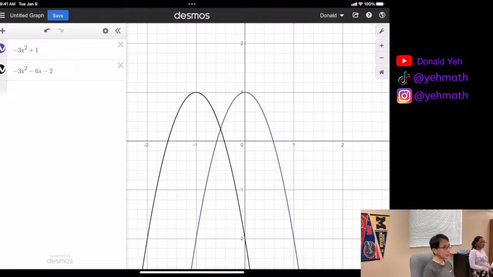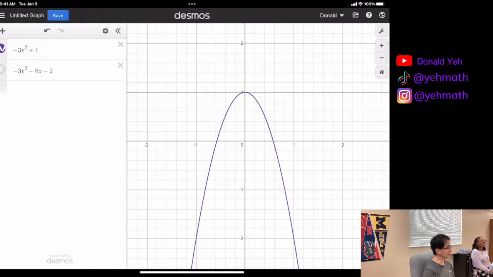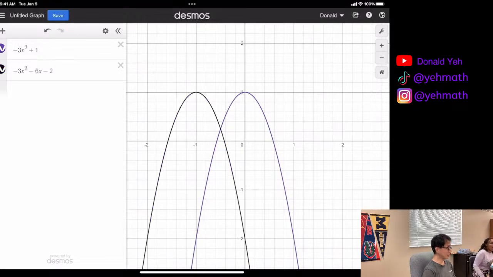Brendan, what did you say? X plus 1, to which direction? To the right? Do you not know your right and left? Right, no. This was the purple one. It's moving left 1.